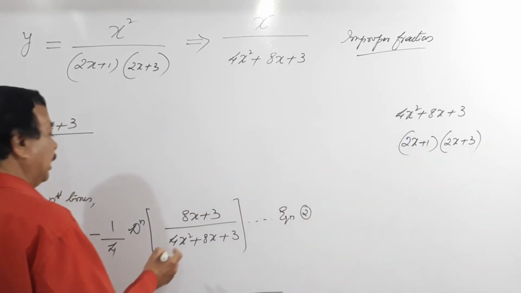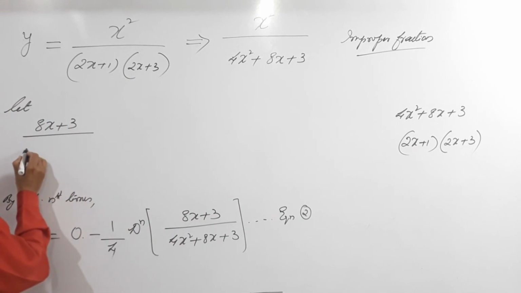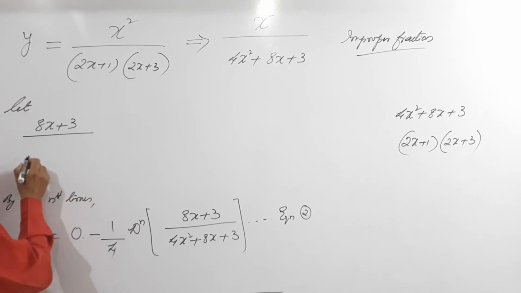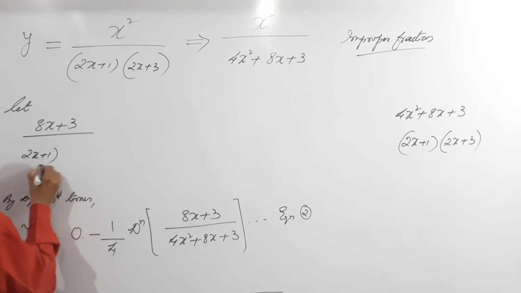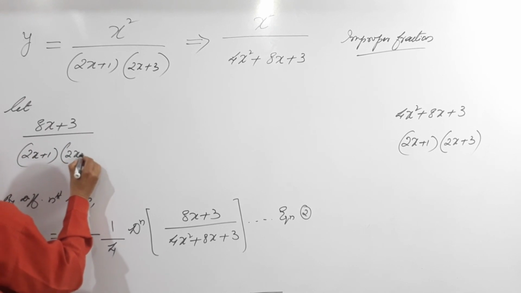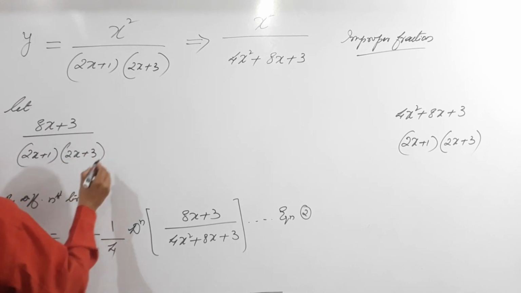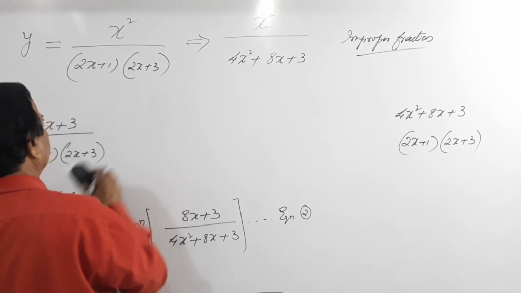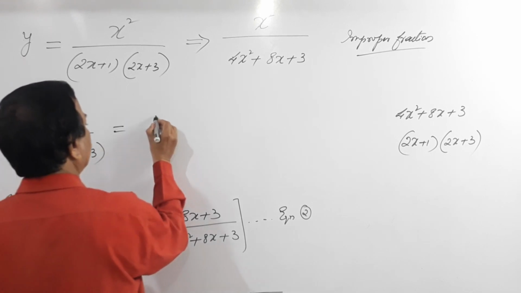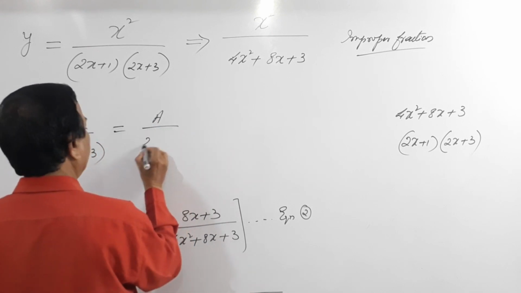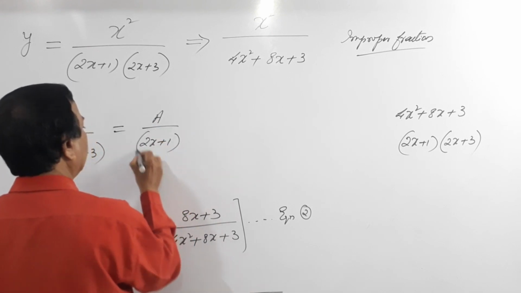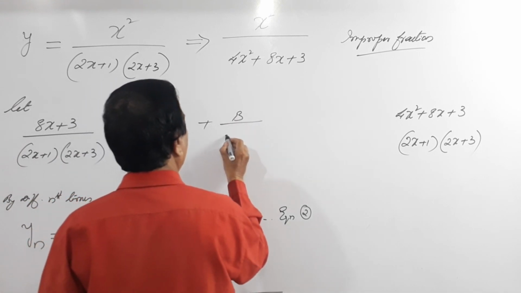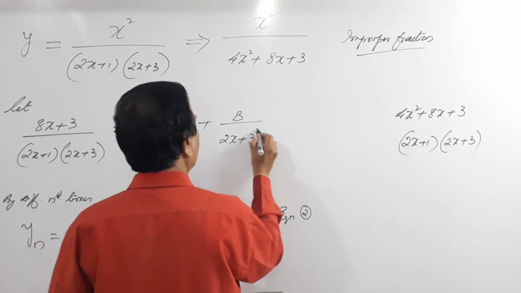So 8x plus 3 by 2x plus 1 into 2x plus 3 equals a by 2x plus 1 plus b by 2x plus 3.